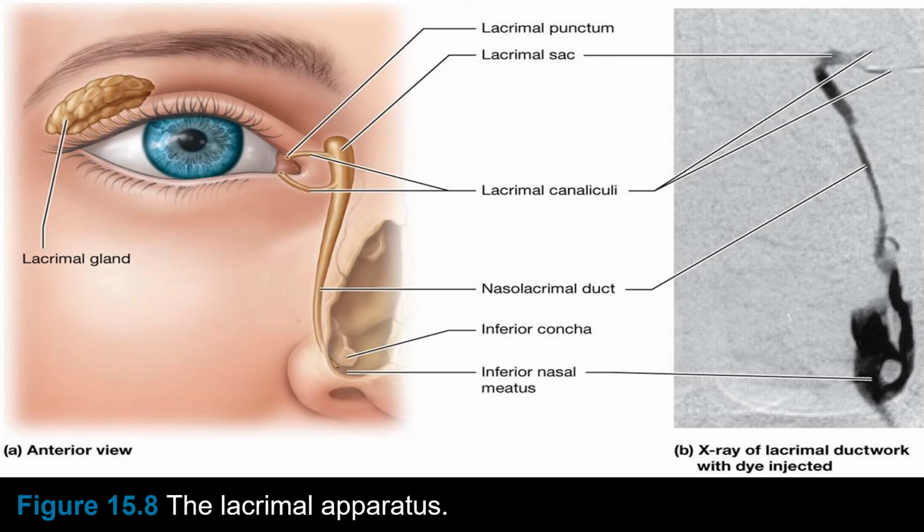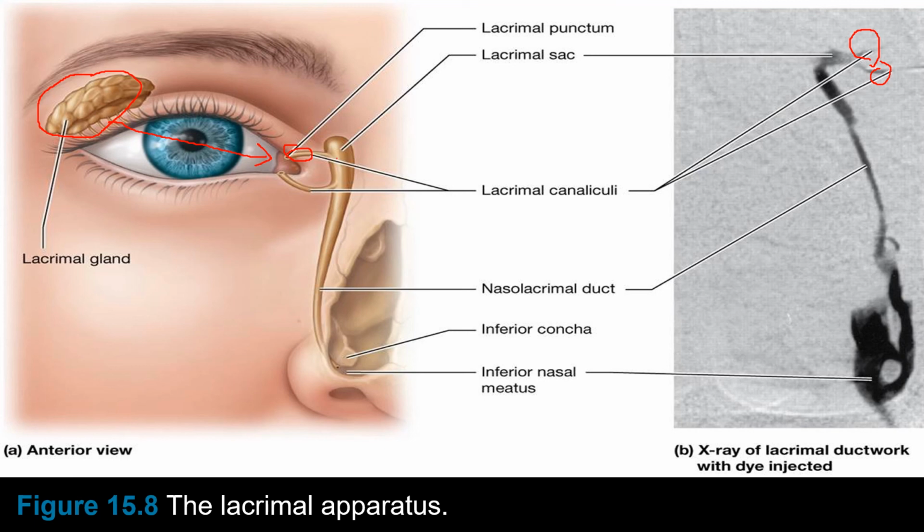So here you see that X-ray I was talking about. We see how narrow these ducts actually get. And so these are the entrances here that you see represented here, the lacrimal canaliculi. But tears are produced in the lacrimal gland, and then they sweep across and get drained through one of these canaliculi down into the lacrimal sac.